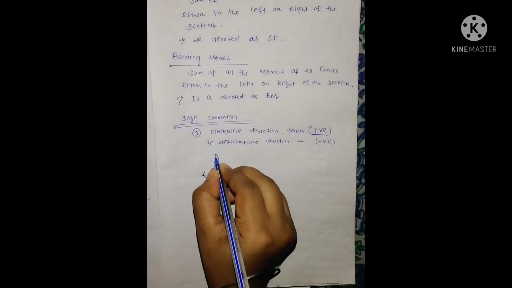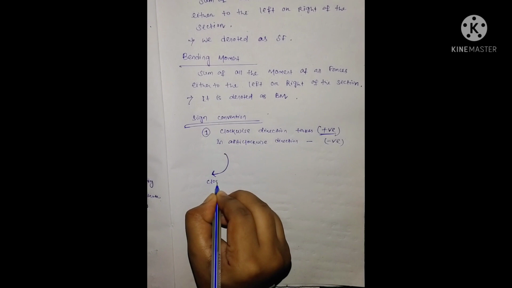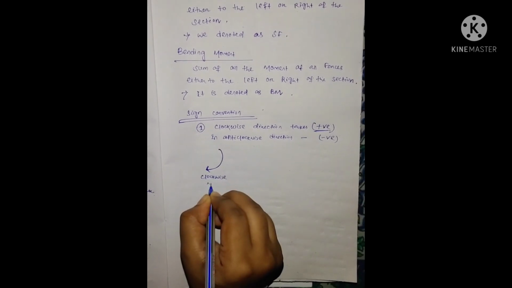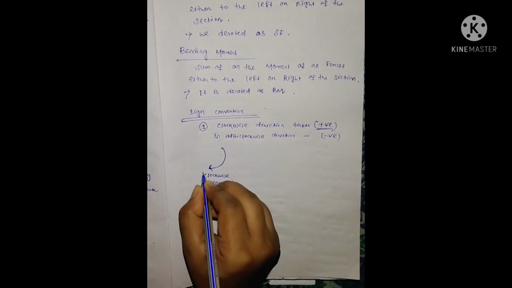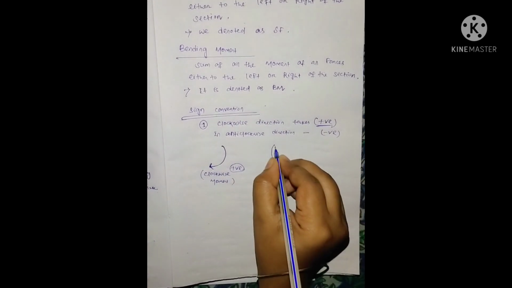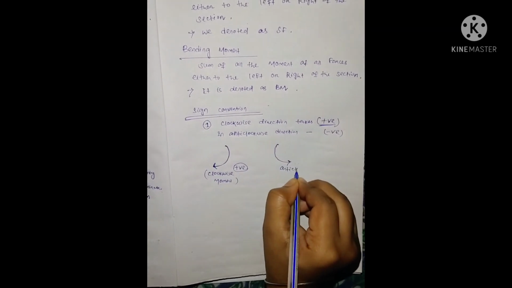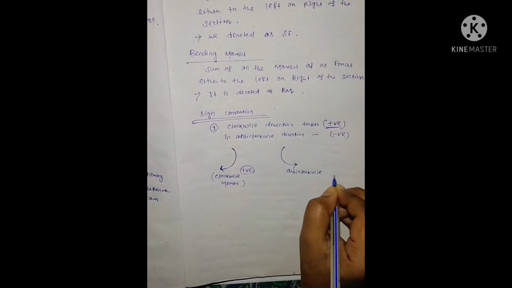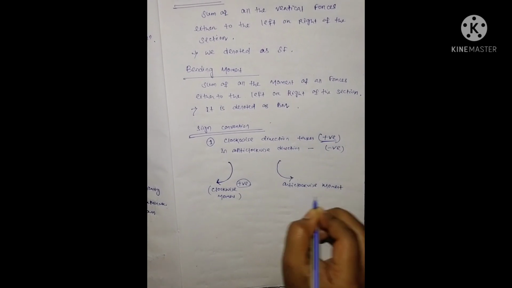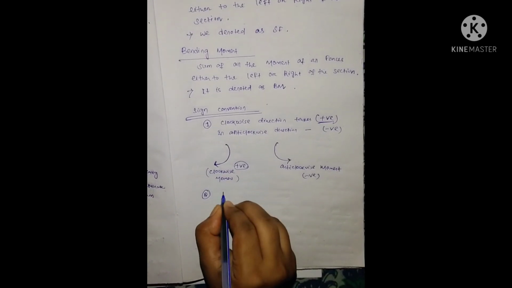Just look at your clock. Your clock moves in this direction, so it is clockwise movement. That is positive. Your clock does not move in this direction, so it is anti-clockwise movement. That is negative.